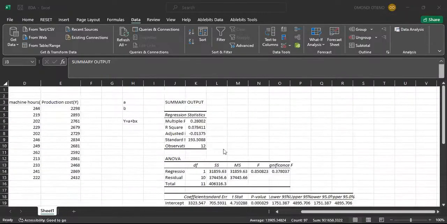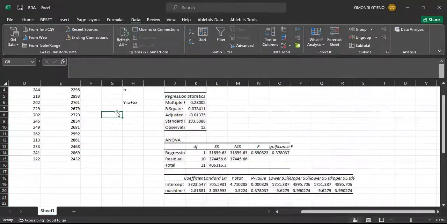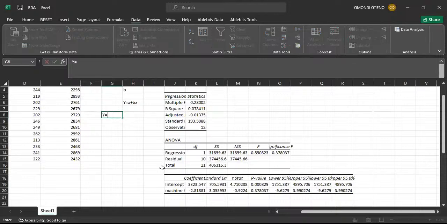So this is what I want you to do. We've been able to get the cost function here: Y equal to A, which is 33.547, plus BX. And what is our B?